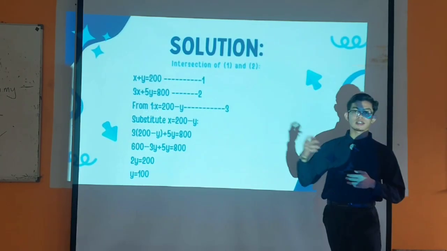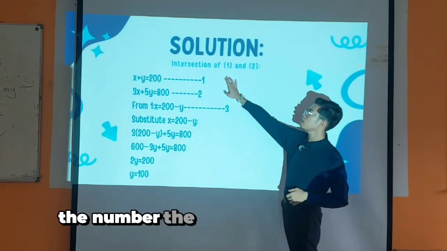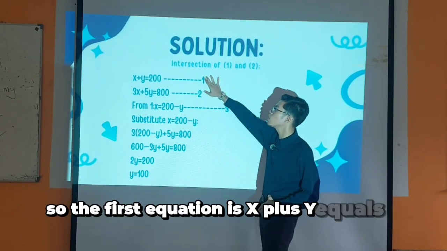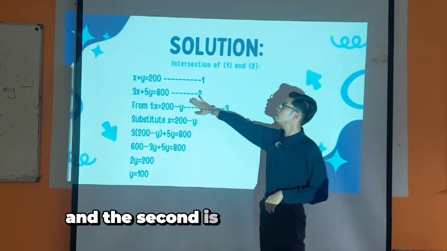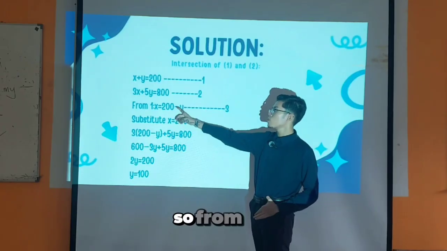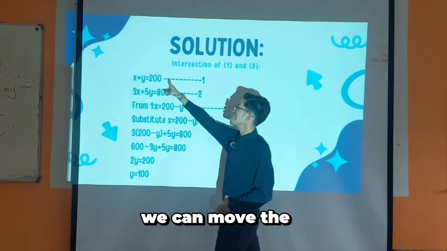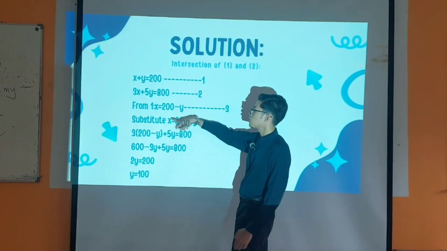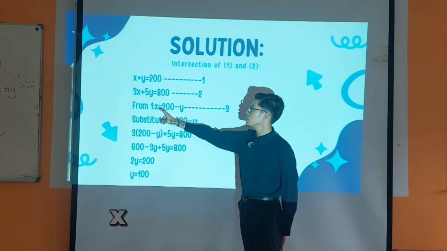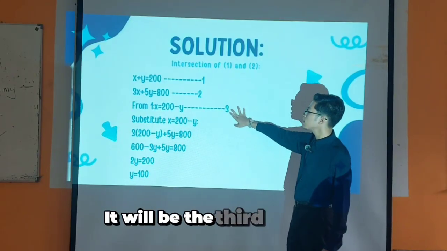Okay, for the first solution, we will find the intersection of equation 1 and 2. The first equation is x plus y equals 200, and the second is 3x plus 5y equals 800. From the first equation, we can move y to the right, so x is equal to 200 minus y. It will be the third equation.